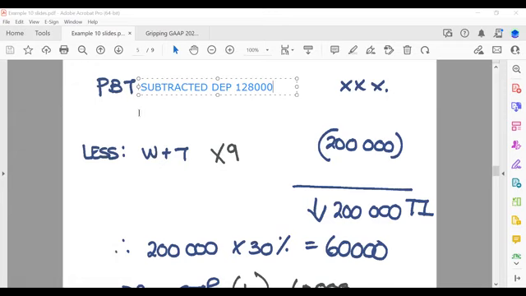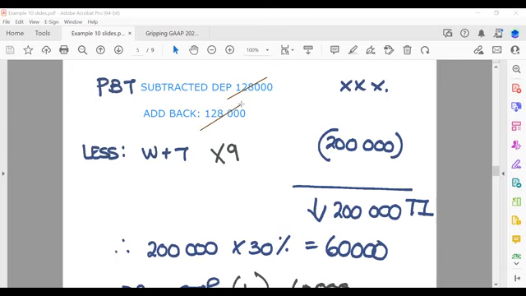If I go below this and add back 128,000, what have I done? I've done nothing, because this subtraction of 128 offsets this add back of 128.